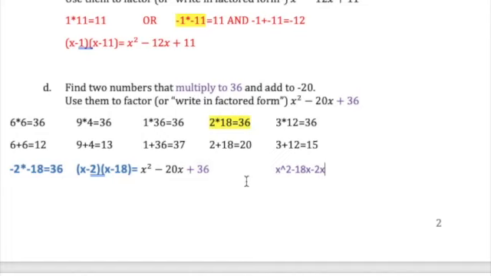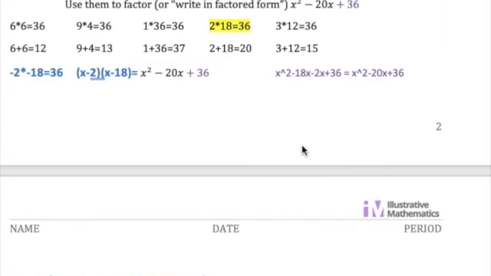And then negative 2 times negative 18 is positive 36. That combines to get me x squared minus 20x plus 36, and I have just factored this beautiful little quadratic expression. So that's a good place to start.